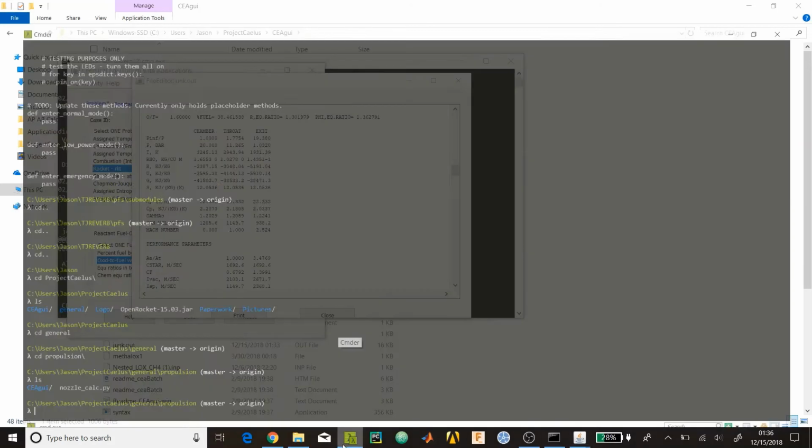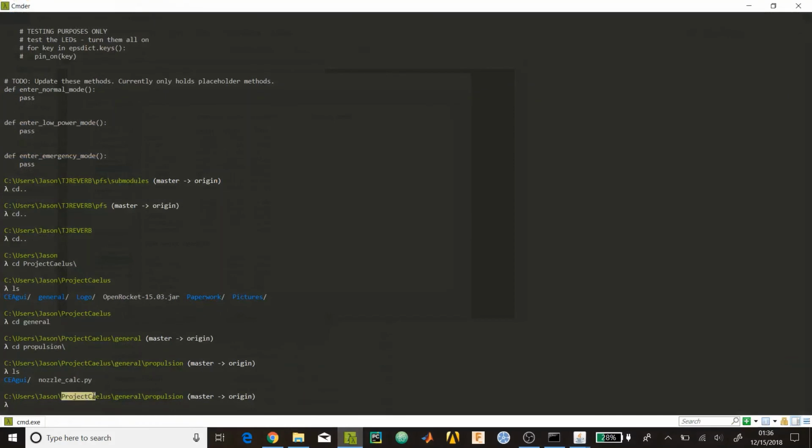And actually here at Project Caelus, which is our project name, we've developed just a simple Python code, inputs and outputs, that sort of thing, and it's based off of a bunch of equations that we found in Rocket Propulsion Elements, 9th edition, by George Sutton and Oscar Biblarz, I think. It's basically a rocketry textbook. It goes through nozzle theory very thoroughly. I highly recommend it.